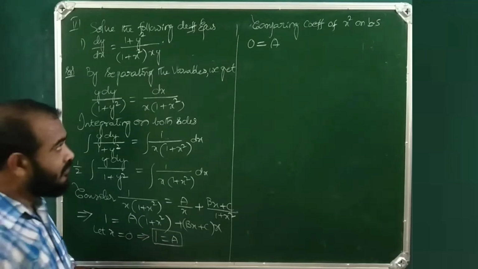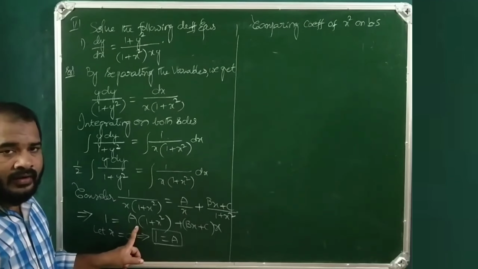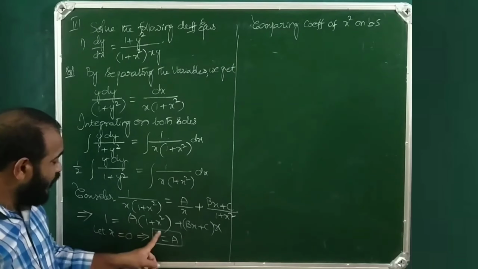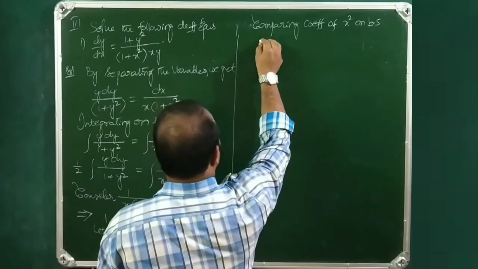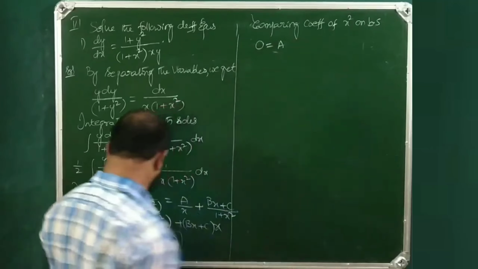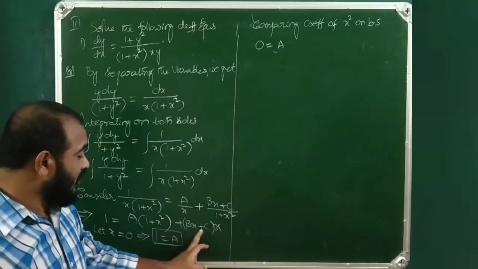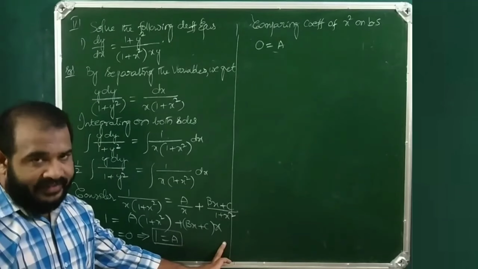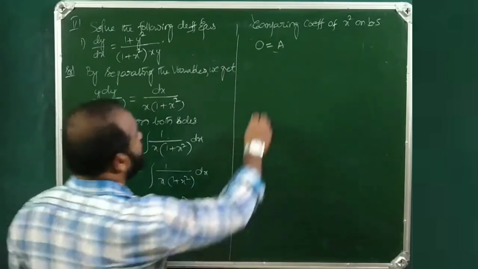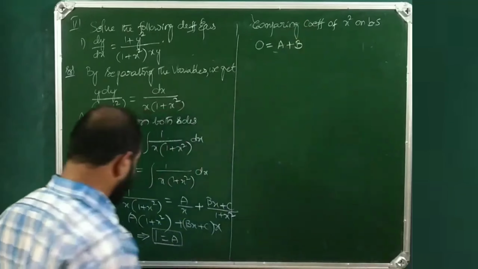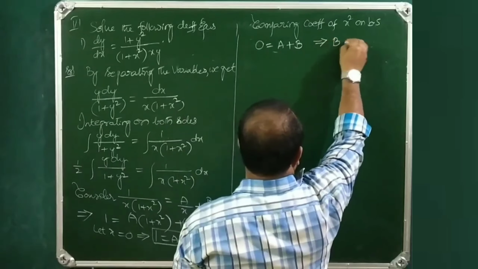Then bx into x, bx square, so the x square coefficient is b. Cx is the coefficient of x, which we don't need. So here we are comparing the coefficients of x square. So 0 is equals to a plus b. From this, if a is equals to 1, b is equals to how much? Minus 1.